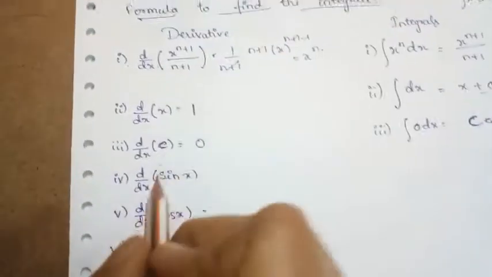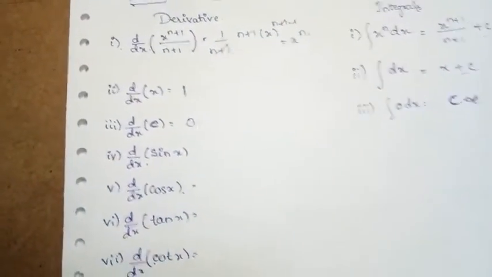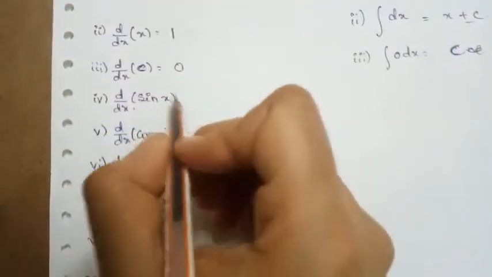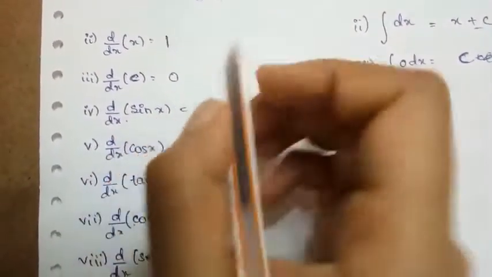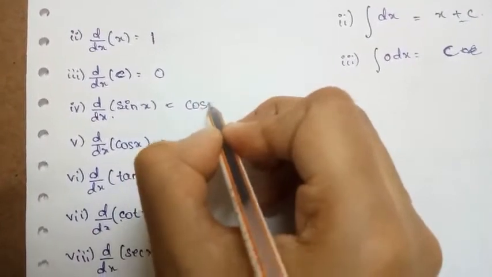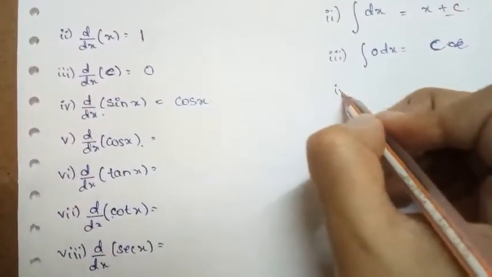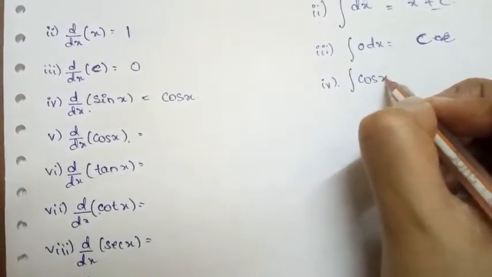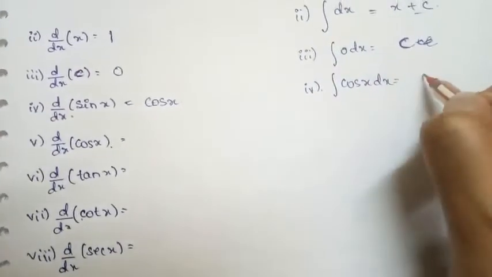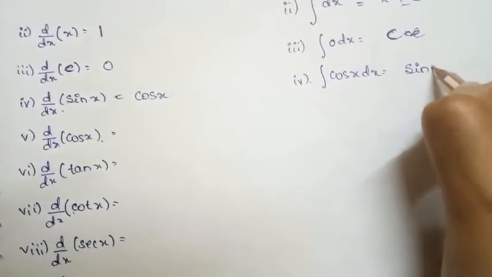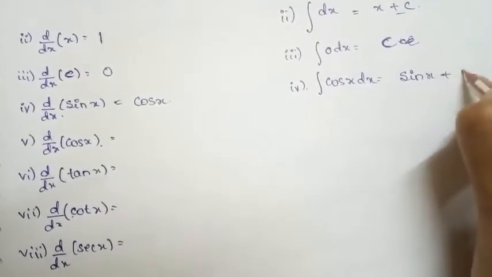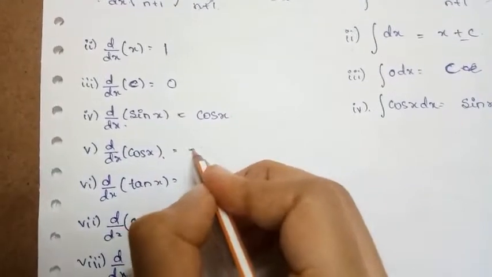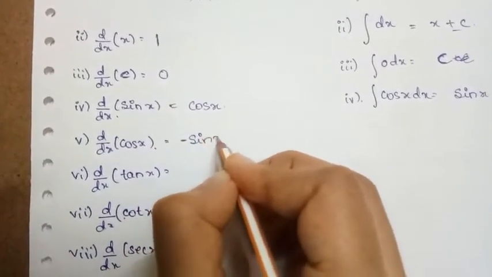That's all. The next is, let us move to the integration of trigonometric functions. We know that the differentiation of sin x is cos x. So what does that imply? The integration of cos x dx is sin x plus c. Similarly, the differentiation of cos x is minus sin x.